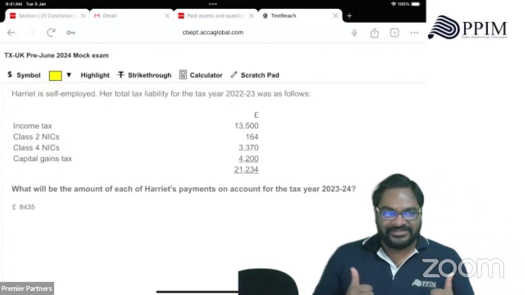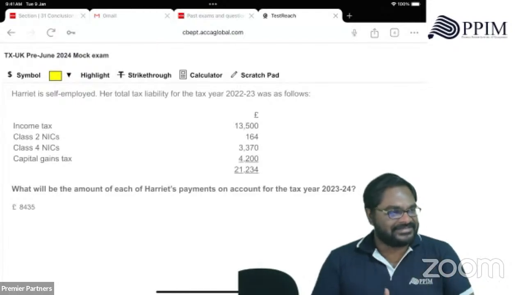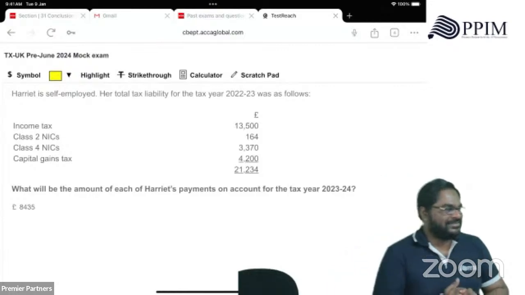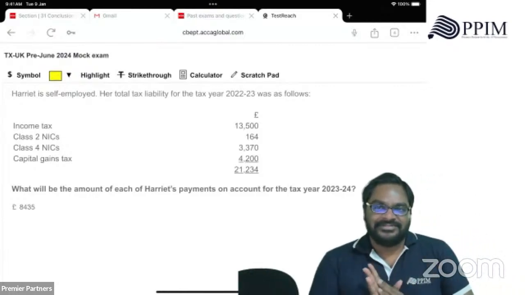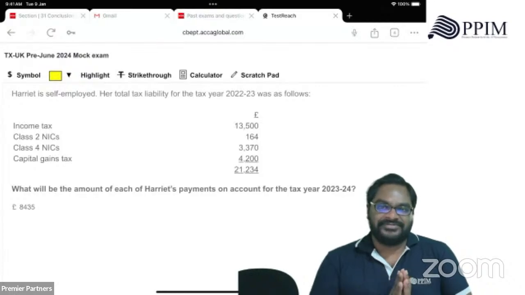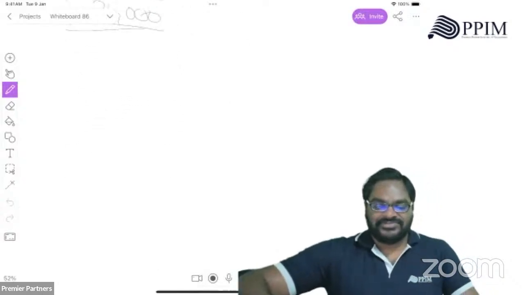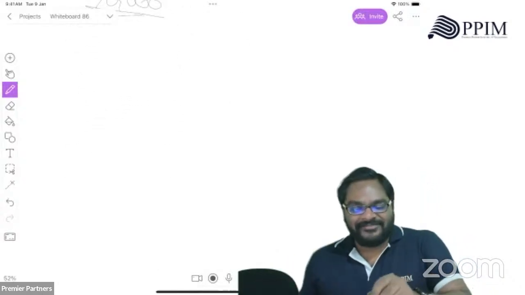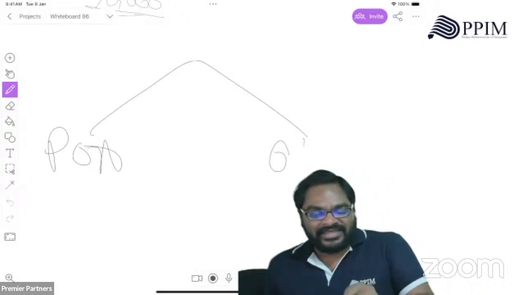Very good. So what is payment on account? That is what we just discussed. When you are paying individual income tax, we have the POA method and the other method.